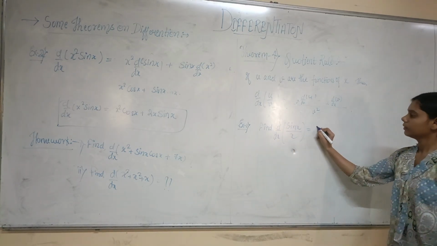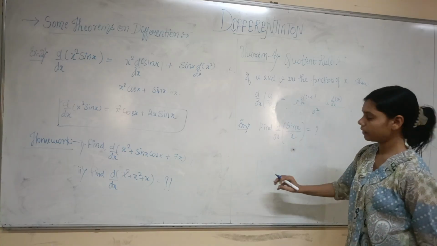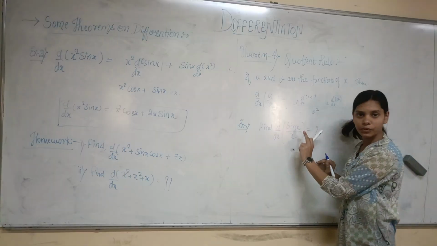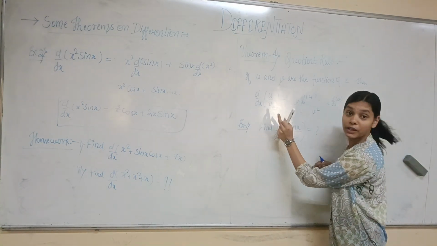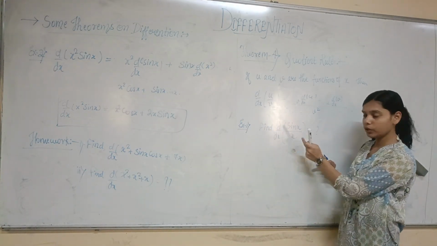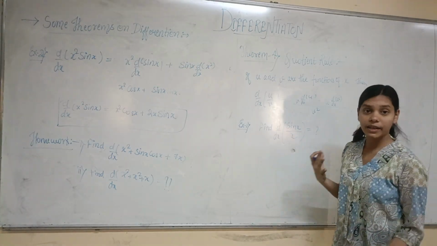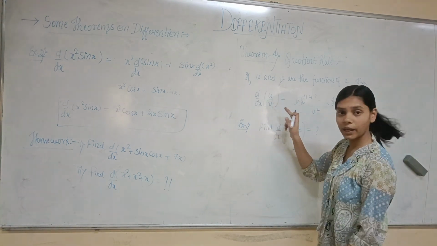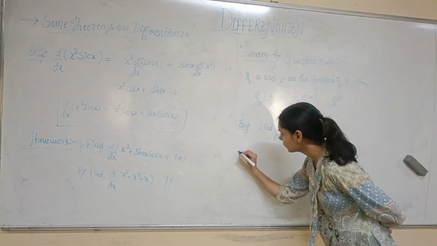Okay, we have to find this one, right? Now compare this with the u by v form. Then in place of u, sin x is given here, and in place of v, what is given here? x. Okay, so first function is sin x and second function is x. Now apply this rule here. Apply the quotient rule for solving this question.